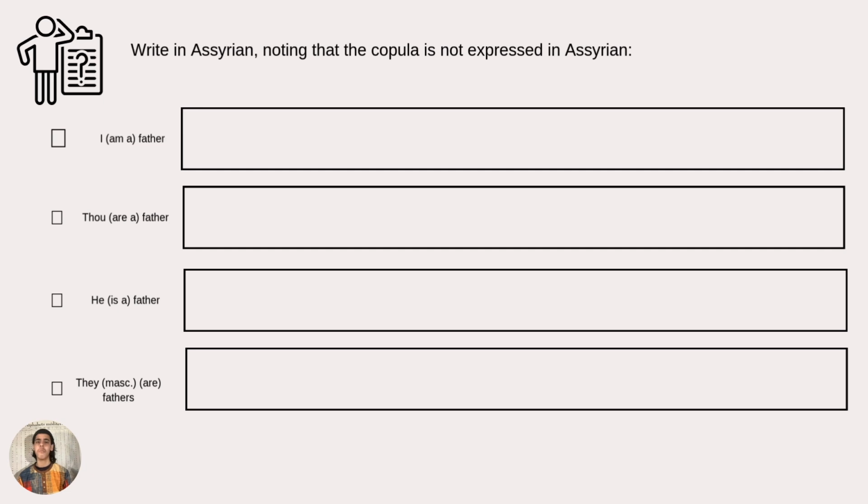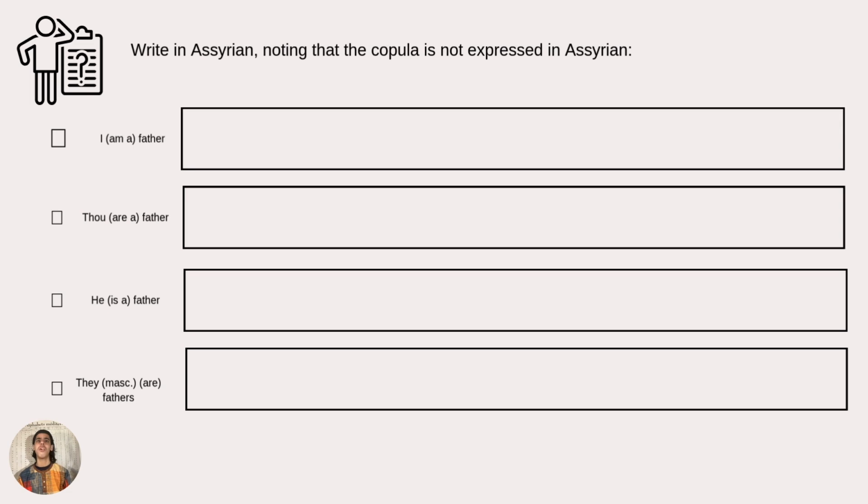So in Assyro-Babylonian we say I, father. We don't need to say am. So we are going to say I, father, anaku abu. So you probably remember very well anaku abu. But how do we write anaku abu with the cuneiform signs? That is what you need to try to do without looking up. So try to write anaku abu.